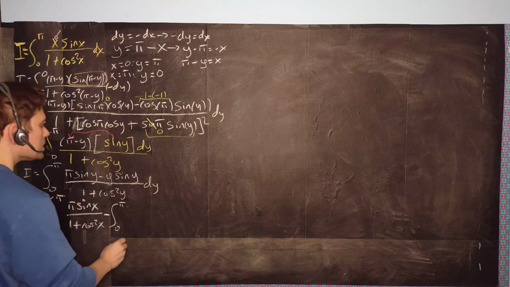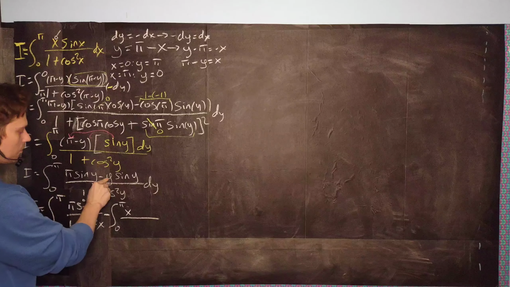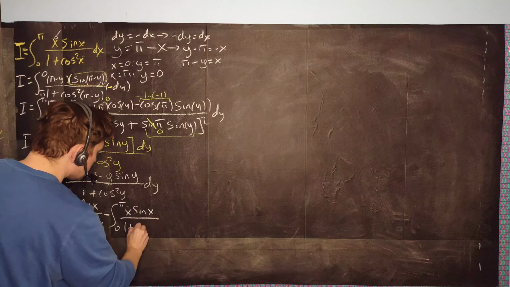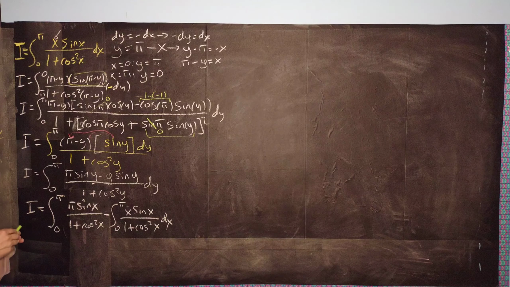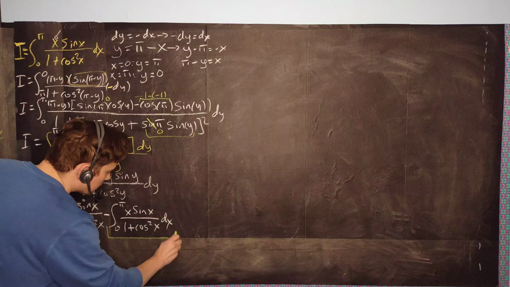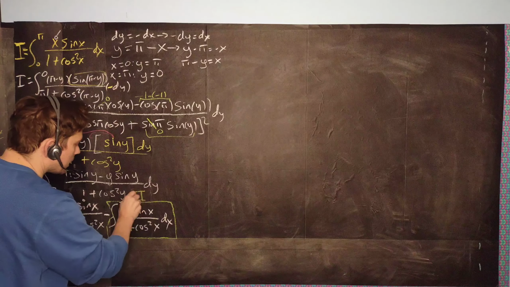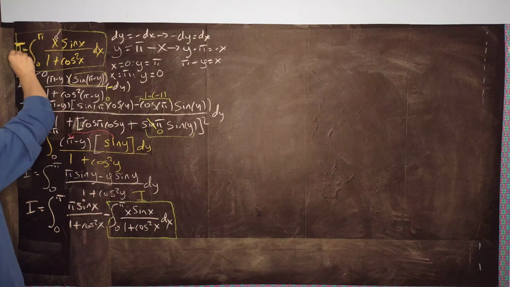We'll see. So we have this. And then this part would be, again, just rename y to x. So x sine x over that 1 plus cosine squared x dx. And of course, we know what this quantity is right here, right? We know this is called I right here. We called it I at the very beginning after all.